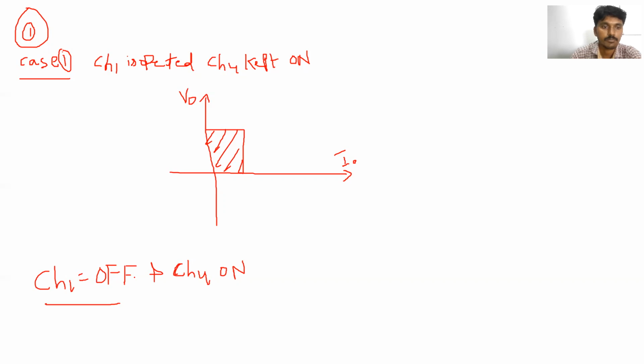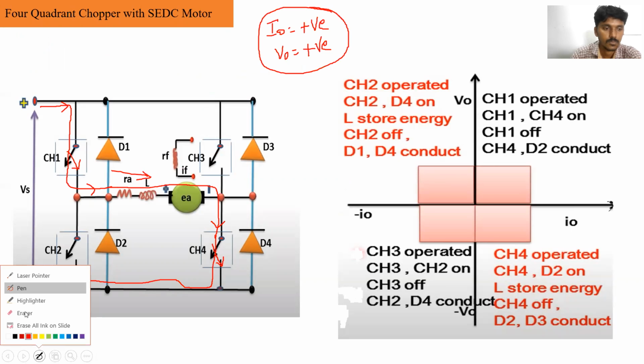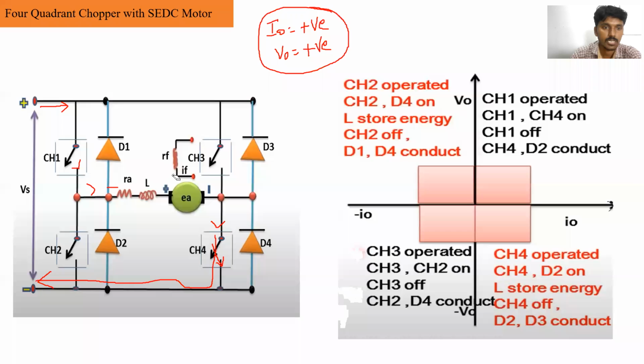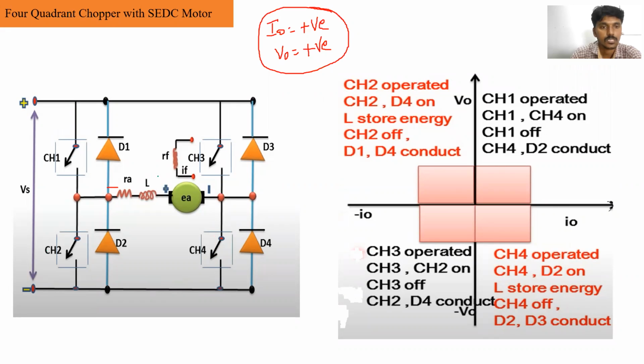So what will happen when switch 1 is off? The load is not connected to the supply, because switch 1 is off, switch 3 is off, switch 2 is off, but switch 4 is on.